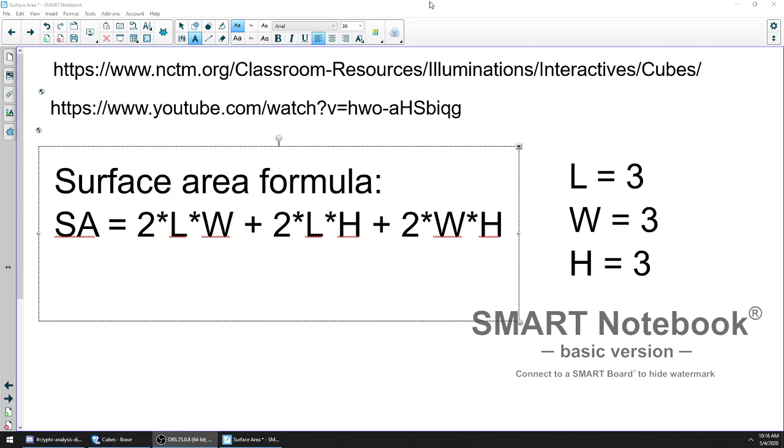Another way to find surface area is actually use the formula. So the formula here is surface area equals 2 times length times width, 2 times length times height, and 2 times width times height. Now what does this all mean? It means I have to look for the length, the width, and the height.